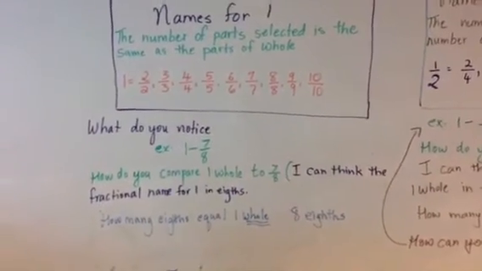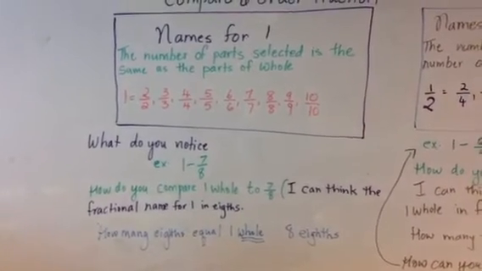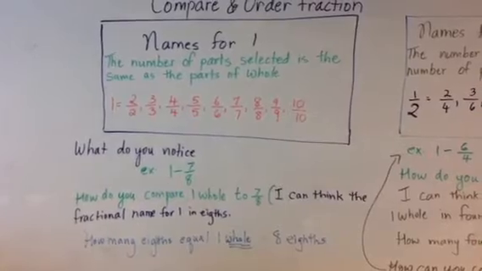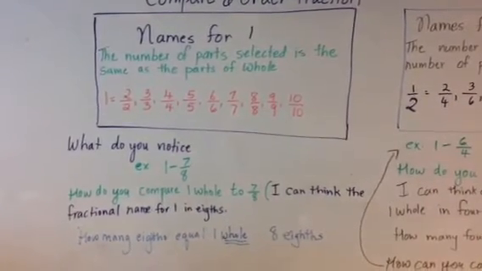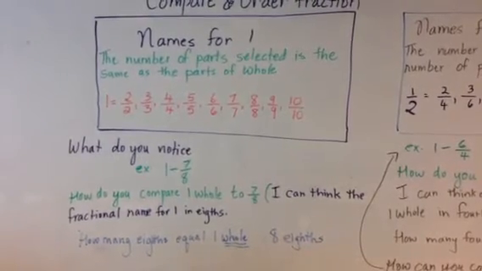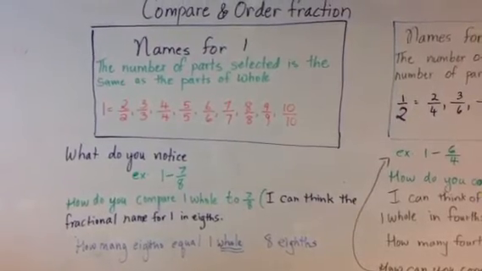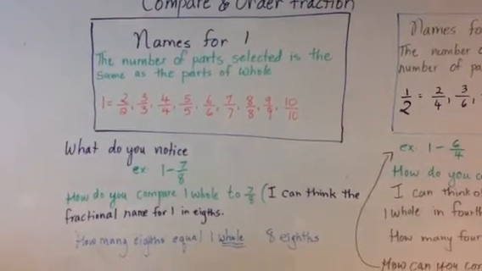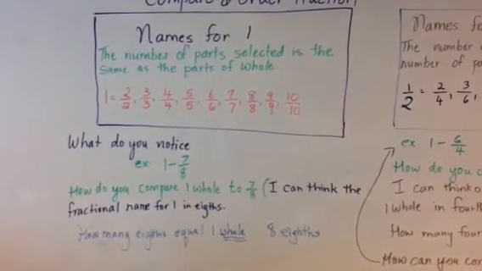So comparing 1 whole to 7/8, 7/8 is smaller because it's missing one. 8 minus 7 is 1, so that means it's missing 1. So 1 is bigger than 7/8.